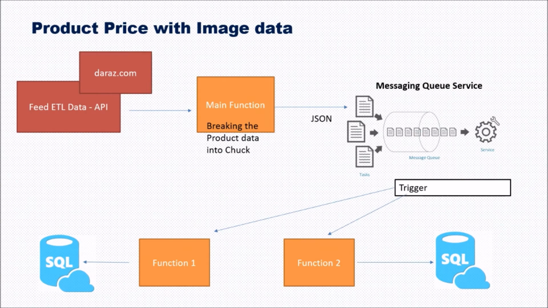Talking about the handler, first of all I need to get a source. The source is Daraz.com. From Daraz.com I have made a web scraping function, or I have got an Excel file or a JSON file from them. All that unstructured data, I will maintain in a function, and under that function I will pass it to the main function, which can also be a serverless function.